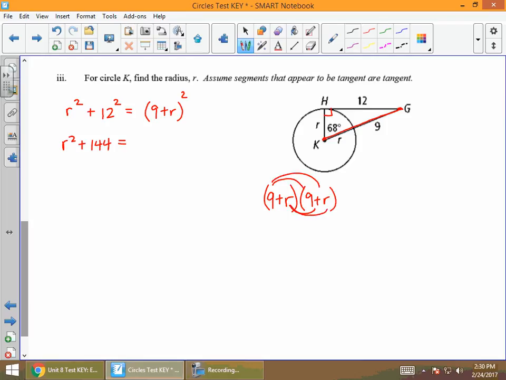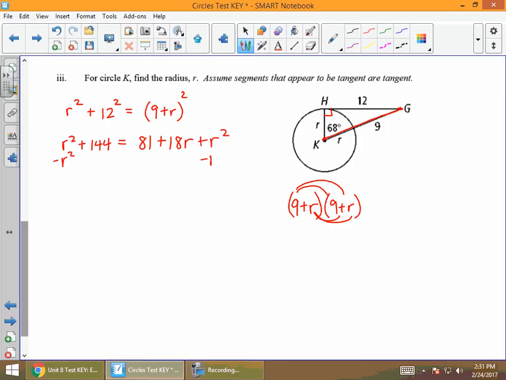So 9 times 9 is 81. 9 times R and R times 9 are both 9R, so that gives me 18R, and then R times R is R squared. Now I'll subtract R squared on both sides. That's very nice, because it gets rid of all of my R squareds. So 144 equals 81 plus 18R.